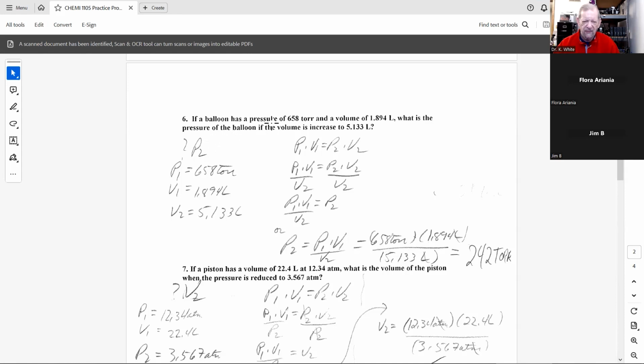A pressure after the initial pressure, which would be P2. The initial pressure, P1, is 658 torr. The initial volume is V1, 1.894 liters. And when you increase the volume, the final volume of that balloon will be 5.133 liters. Well, how do I proceed?